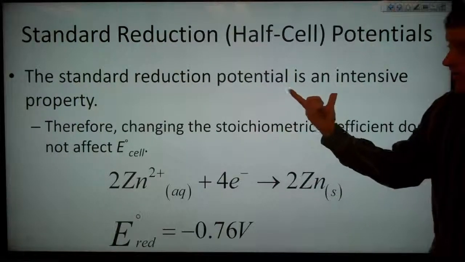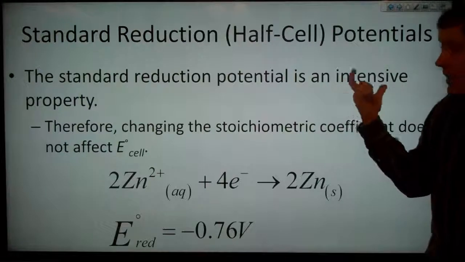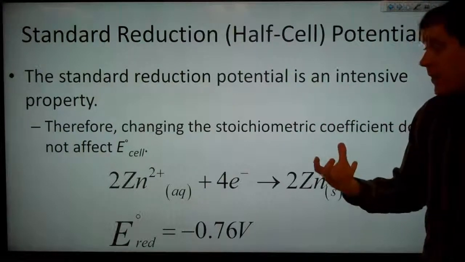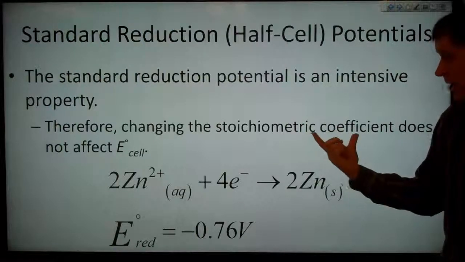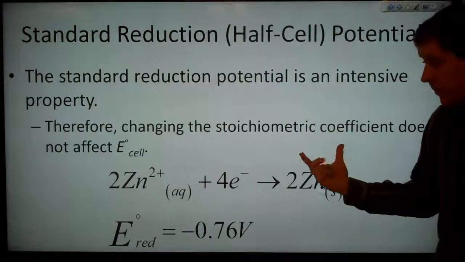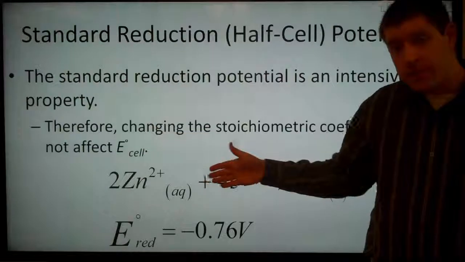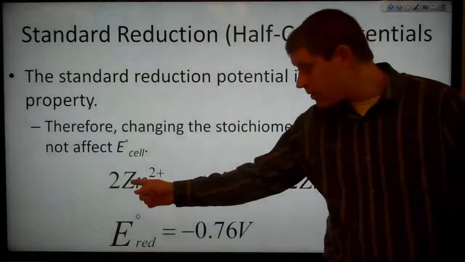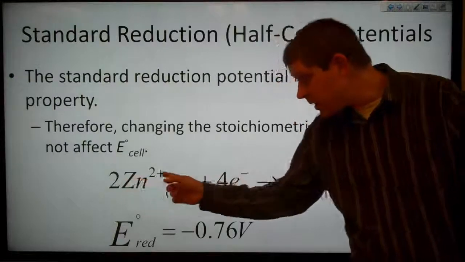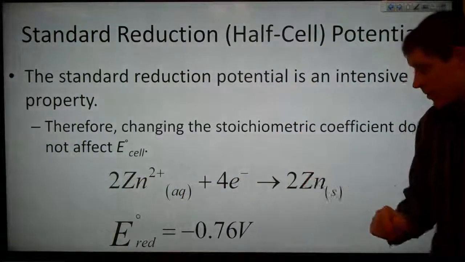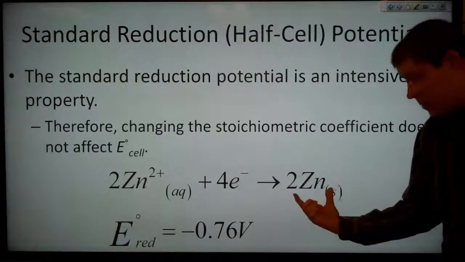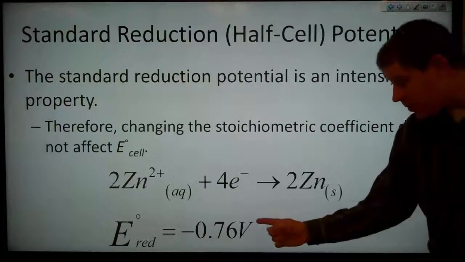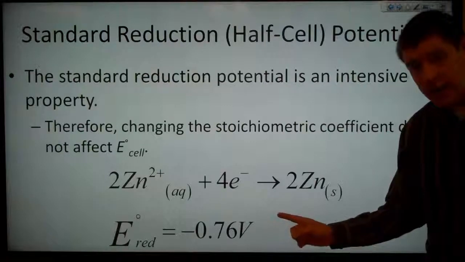So the standard reduction potential is an intensive property. That means it's not an extensive property. It doesn't change when you change the stoichiometric coefficients. So if we double the number of zinc ions, so if we reduce 2 zinc ions using 4 electrons to 2 zinc atoms, the standard reduction potential is still exactly the same.